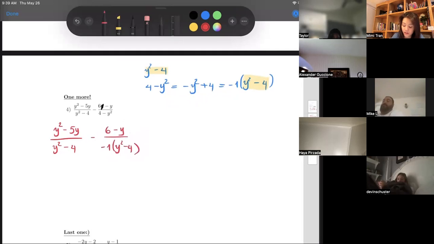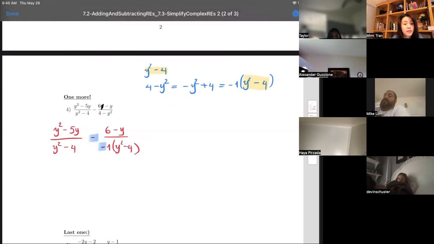All right, I factor it. The negative 1, the 2 negatives here, can I make it positive? Is that okay? Because negative becomes positive, right?